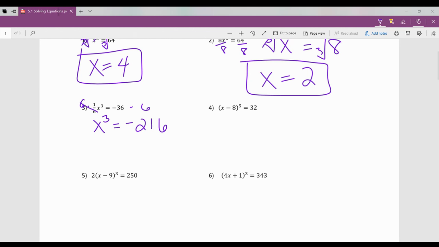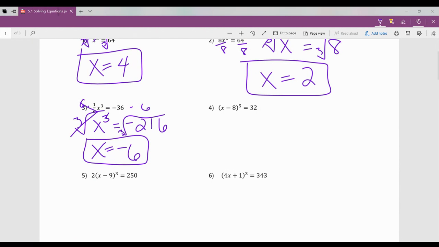All right, and now we'll get rid of raised to the third by taking the third root. So the third root and the third cancel, x equals, and now we say what number times itself 3 times is going to give me negative 216, and that's negative 6. Negative 6 times negative 6 times negative 6 is going to give me negative 216.